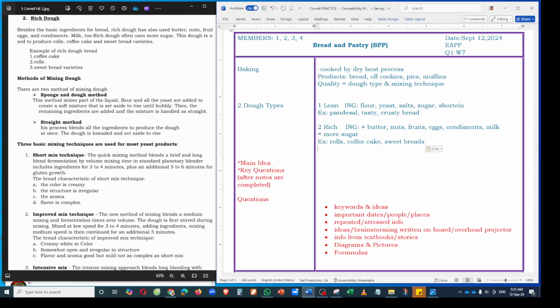Now, here's the part where you can write questions. Ano yung similarities, or differences? Because there are two types, bakit meron pang dalawang type? Ibig sabihin may pagkakaiba sila.